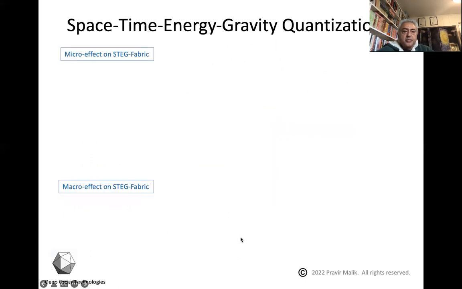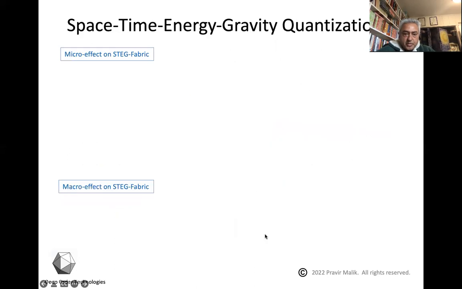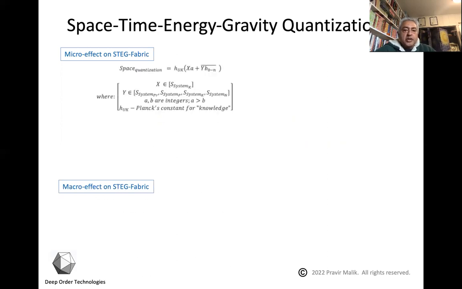So that's the idea of quantum certainty and of the fourfold adaptation, because over here, what we're saying is that once quantum certainty occurs, then there's essentially a fourfold adaptation along each of the dimensions of presence, power, knowledge, and harmony. Now, when we think about space-time energy gravity quantization, the act of fourfold activation is going to further cause space-time energy gravity quantization.